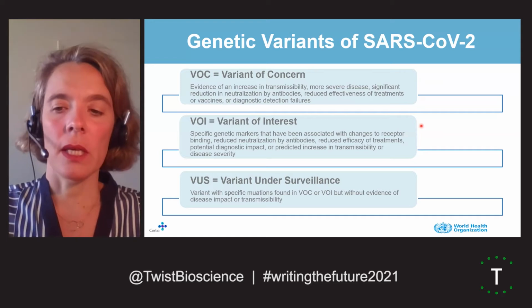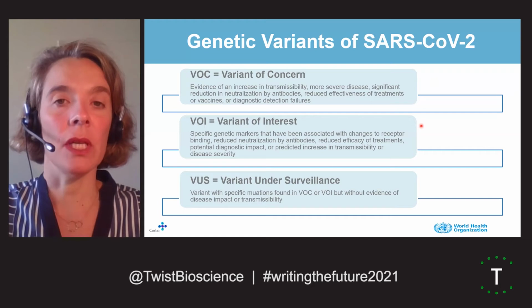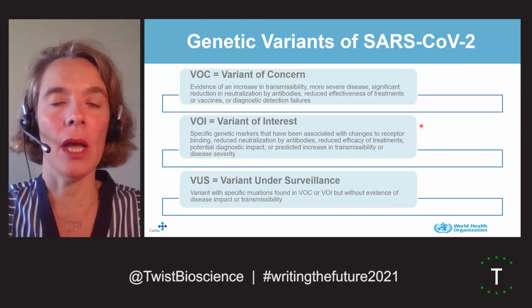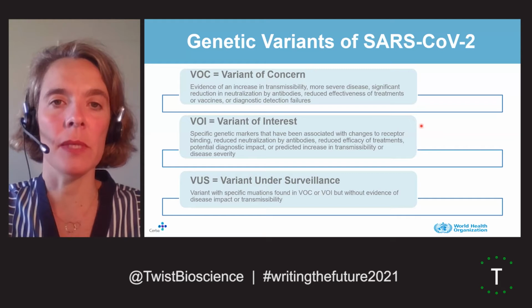The third one is variants under surveillance, which are variants with specific mutations found in VOC and VOI, but without evidence of disease impact or transmissibility.